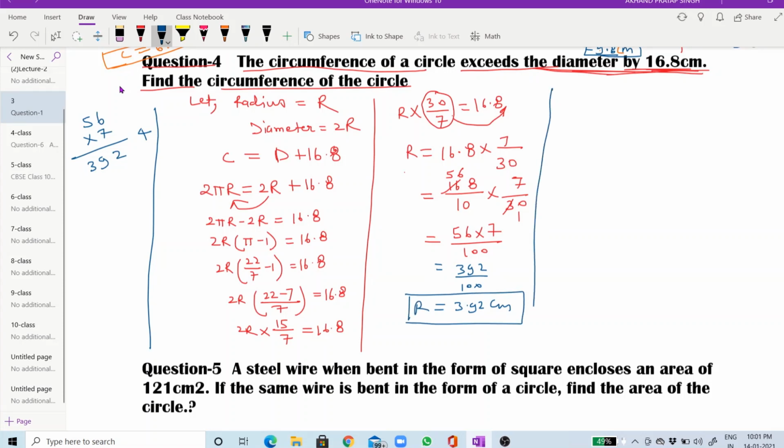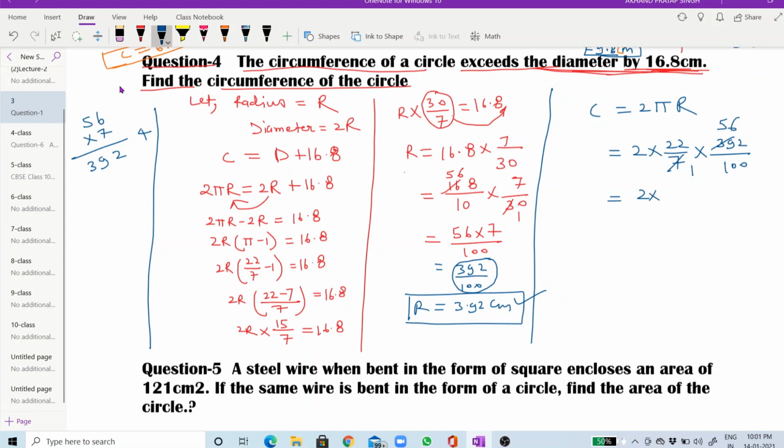Now here find the circumference. Circumference is equal to 2 pi r. 2 into 22 by 7 into what is the value of r? This value. So we put this value, 3.92, that is 392 upon 100. 7 1s are 7, 7 5s are 35, what is the remaining is 4, 7 6s are 42.